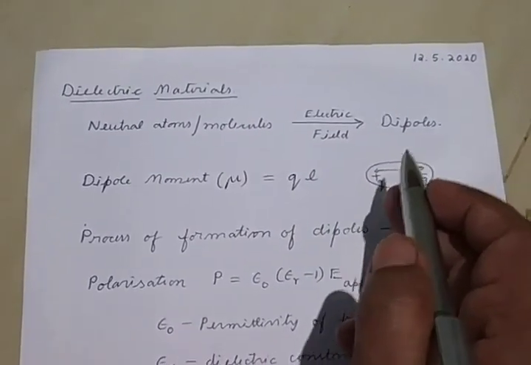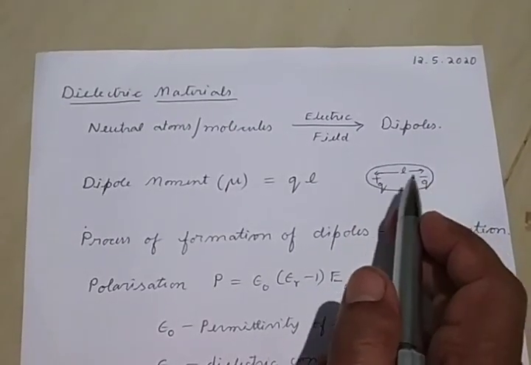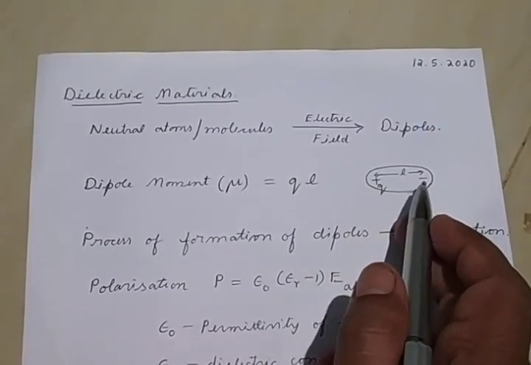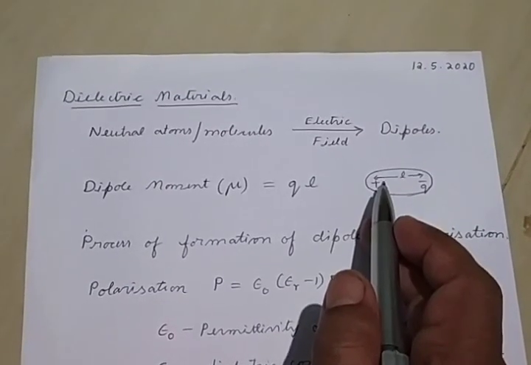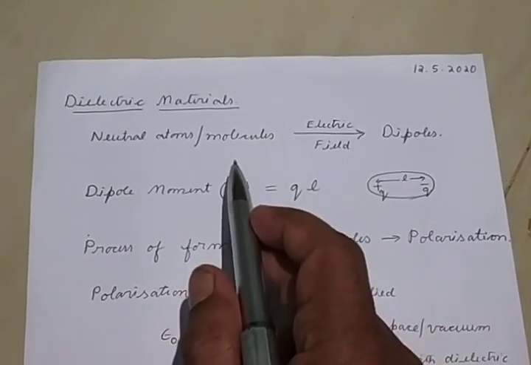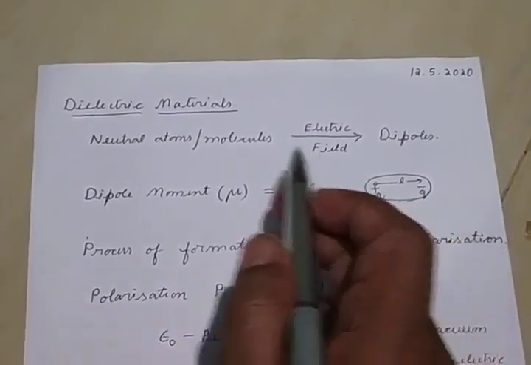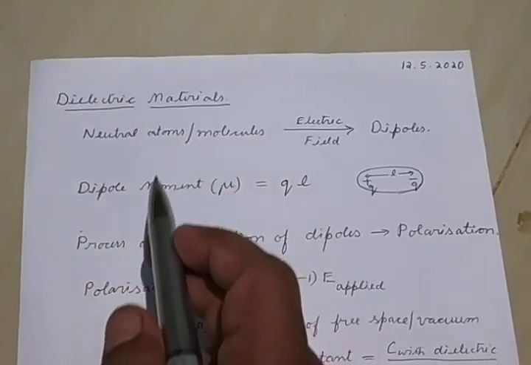Now we know that dipole means an entity where you have equal and opposite charges separated by a very small distance. These kinds of dipoles get formed in the material when an electric field is applied, and such materials are called dielectric materials.